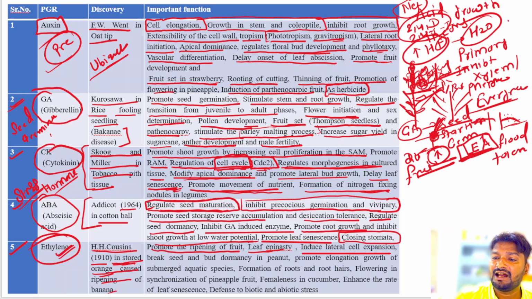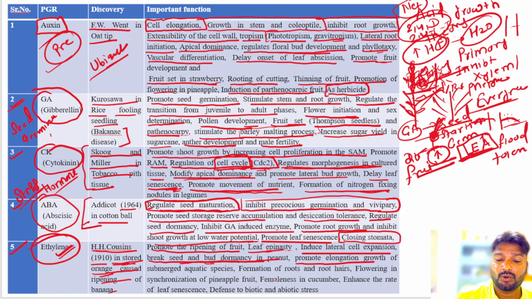Means it increase the thickness of the stem. Okay, breaking the seed dormancy in the peanuts. Generally आपका dormancy को कौन break करता है? Citric acid. But in peanuts, ethylene has important role in the dormancy and seed. Okay, breaking of seed dormancy.